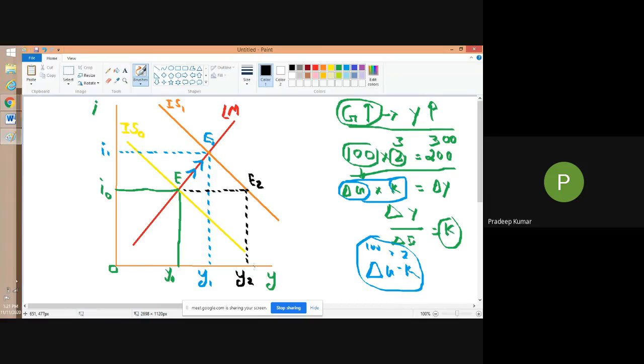If crowding out didn't take place, we would get a higher increase in the level of income, up to Y2. But unfortunately crowding out has taken place here, as a result of which income has moved only from Y0 to Y1. So it's what's called crowding out. Crowding out is an important problem with fiscal policy. So it is related to fiscal policy.